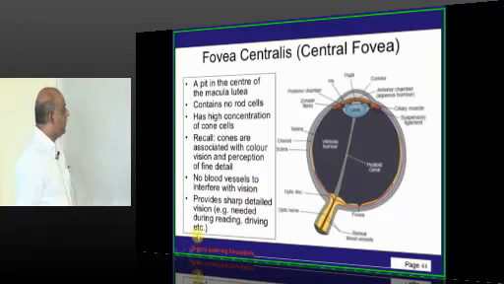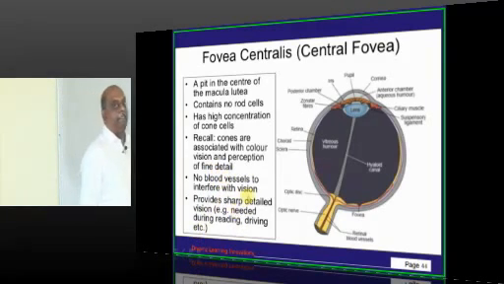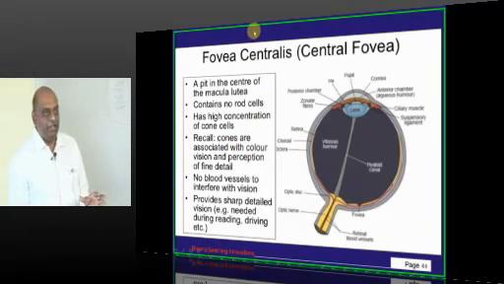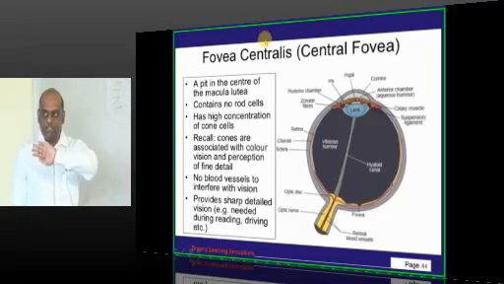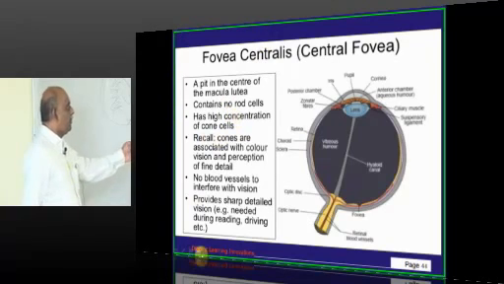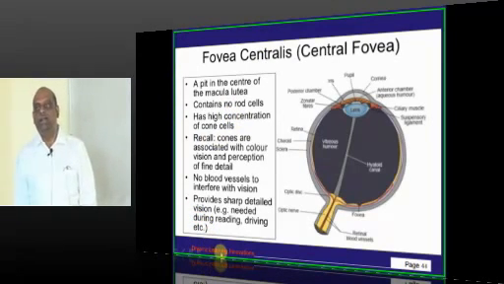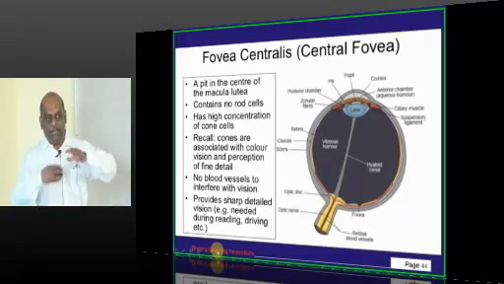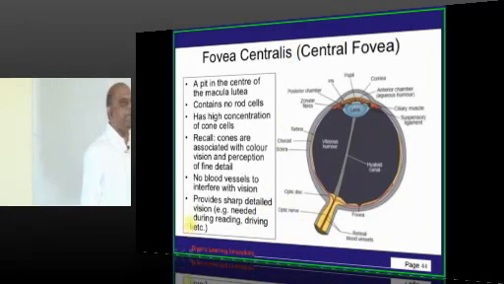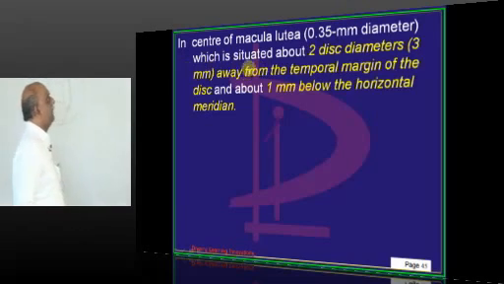Then the fovea centralis is the place where, unlike the other parts of the retina, there is no interference of any blood vessels. No blood vessels will come and interfere with the fovea centralis part. So that is the reason it is responsible for the perception of the sharp and detailed outline of whatever we see. So the fovea centralis has no rods, but it is highly rich in cones, is the point of interest.